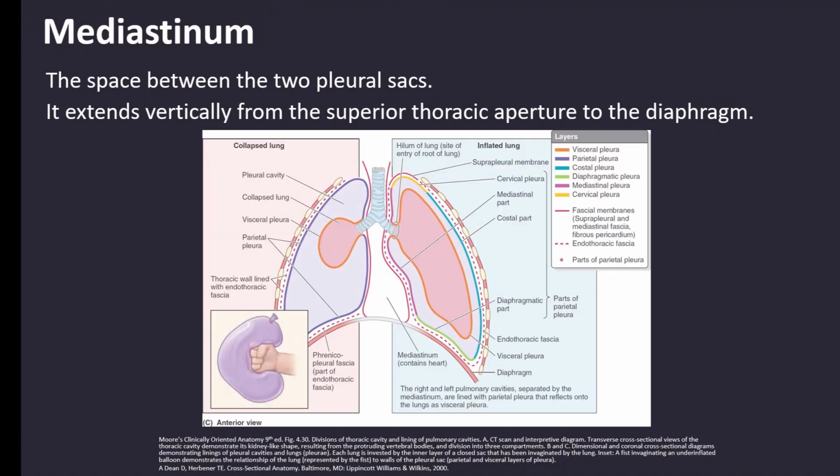Okay, so now what is mediastinum? So we understand so far that we have a pleural sac on the right. That's the sac that encloses the lung. So that's, let's say, right pleural sac. And here is the left pleural sac that encloses the left lung.